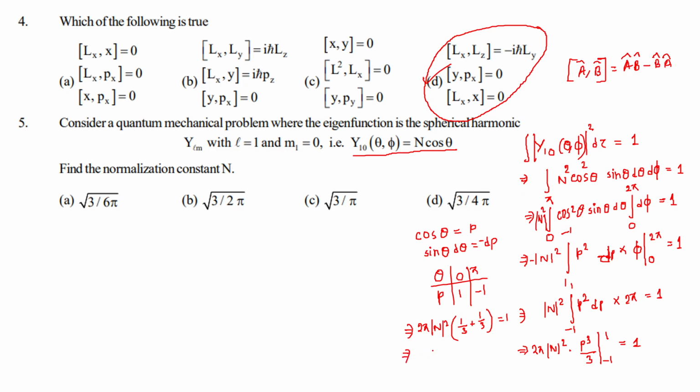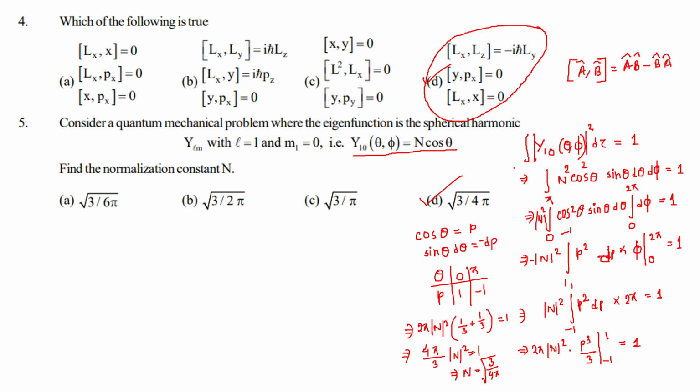So we have 4 pi by 3 N squared is equal to 1. We have N as root over 3 by 4 pi. See, your normalization constant is root over 3 by 4 pi.